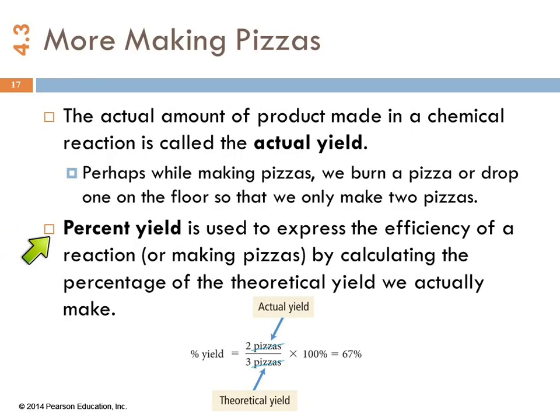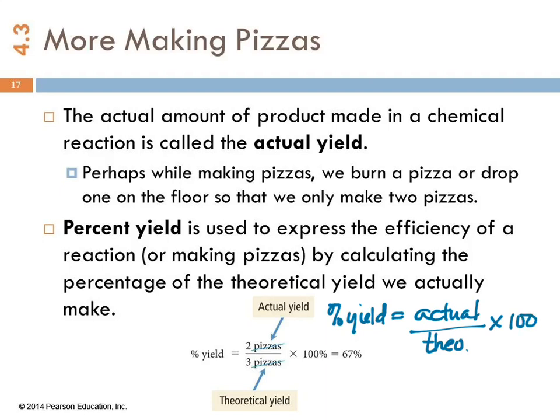We find percent yield to be useful in measuring how well we did or how efficient the reaction is. Percent yield equals the actual yield divided by the theoretical yield times 100.